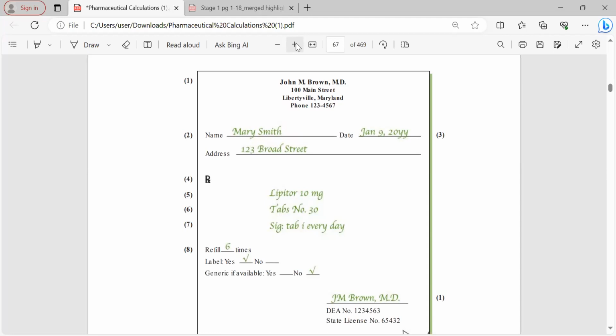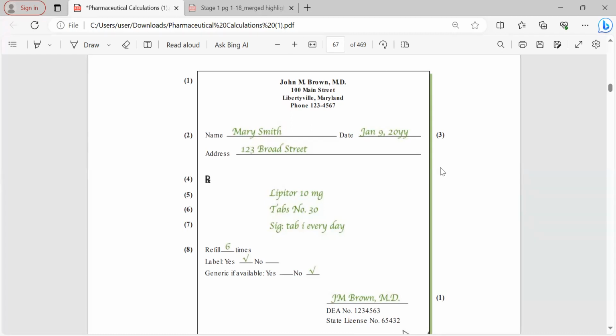Then I think I saw a question asking about parts of a prescription, but it didn't ask about the common parts that I've talked about. It asked about, I think, prefix or pre-something. I'll see that question when we're going through the paper.